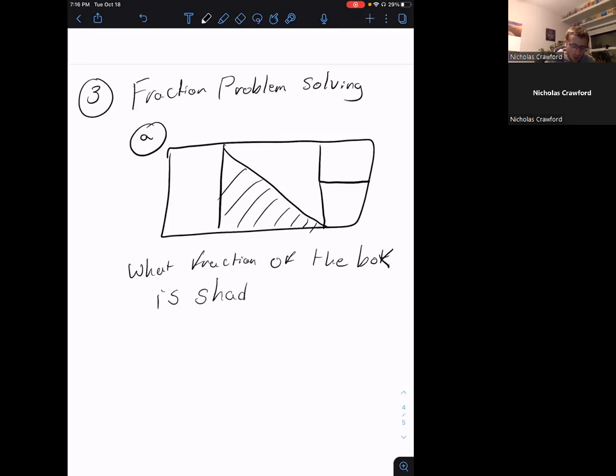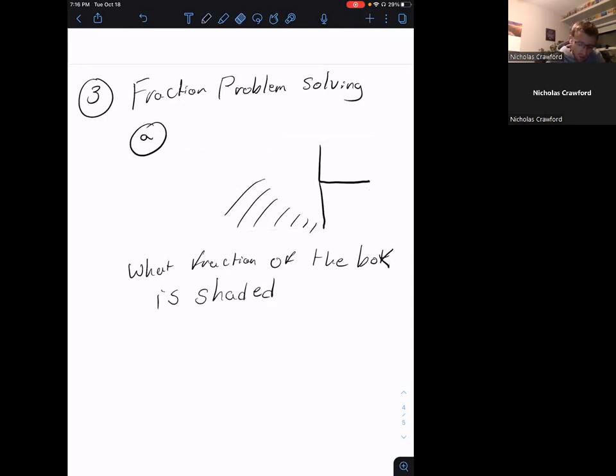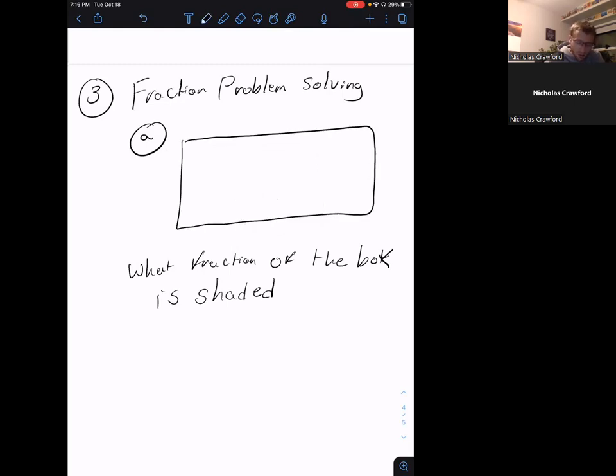And let me make this shape a little better here for you. So like, what if I had something that looked like this? Something like this. And I shaded in like that. And I asked what fraction of that box is shaded, okay?